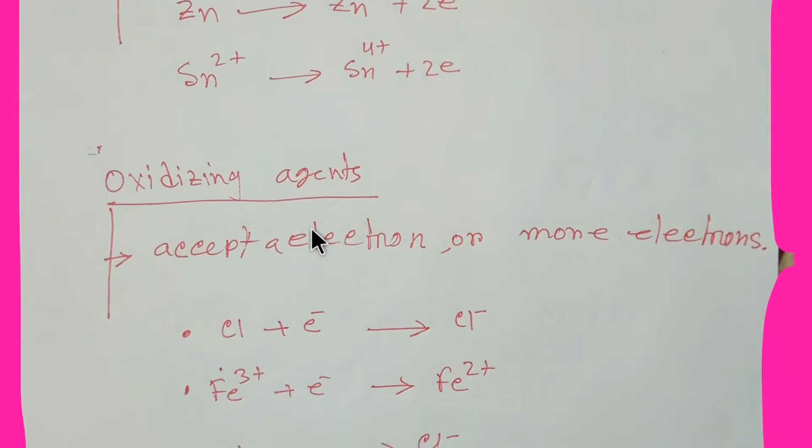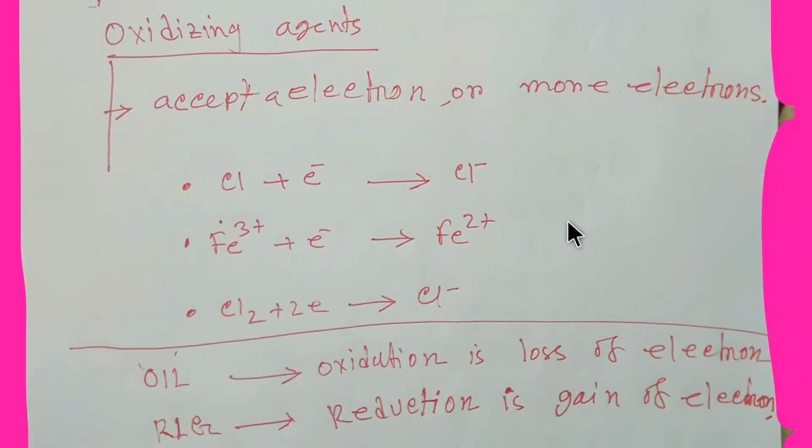On the other hand, oxidizing agent will accept an electron or more electrons, right? Chlorine plus electron gives chloride, and ferric ion plus electron gives ferrous ion, right?